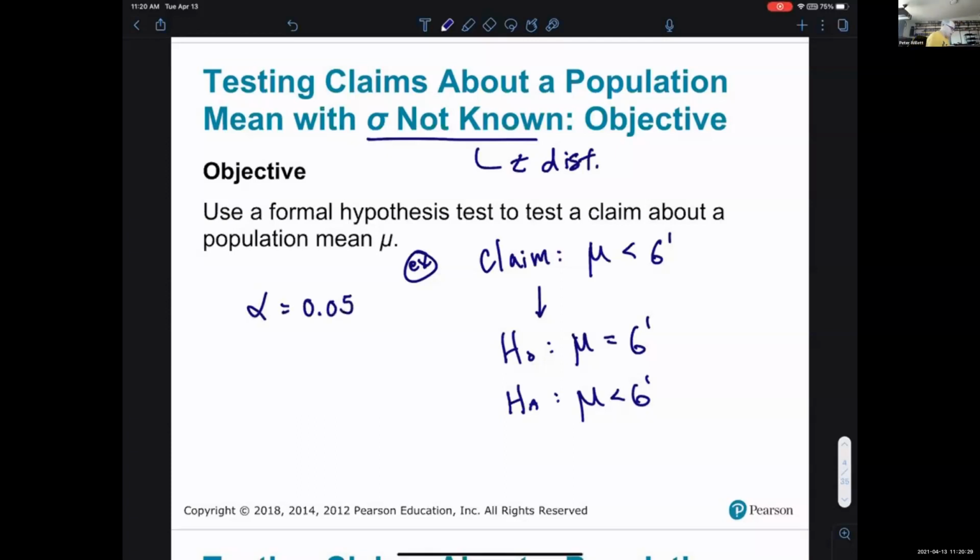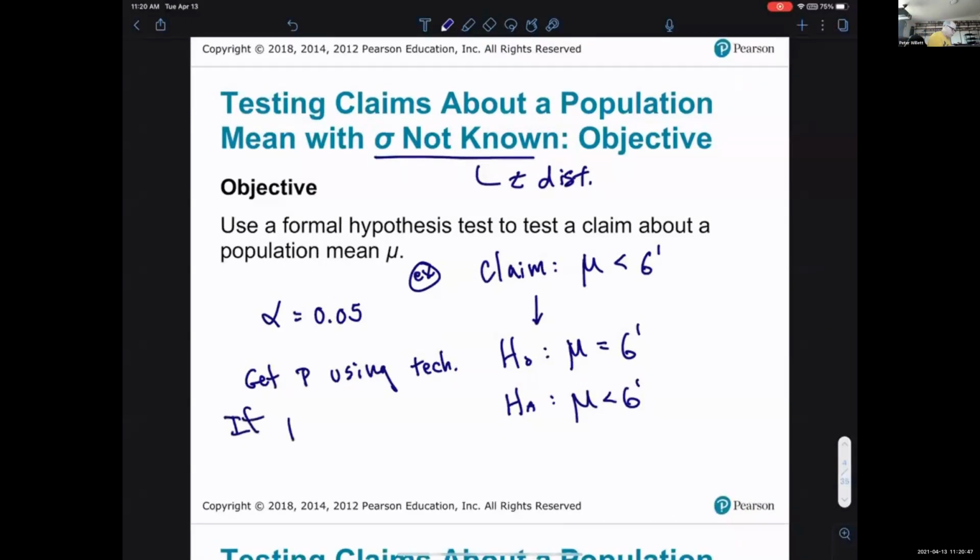And then we would get p using technology, which I'll just refer to as StatCrunch, because in these examples, they won't know which technology they're using, but for us, it's typically StatCrunch. And then if p is less than alpha, then we reject the null.